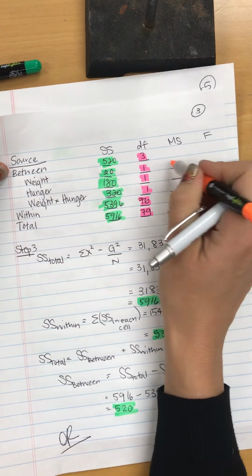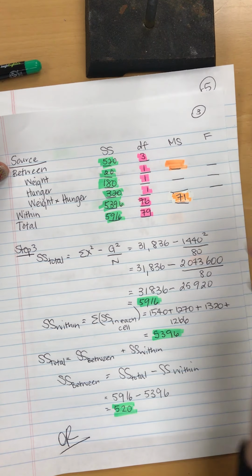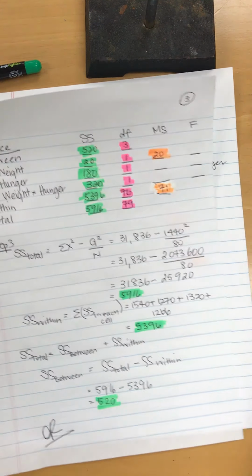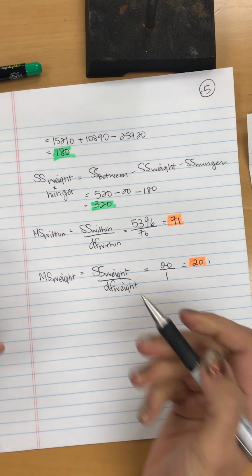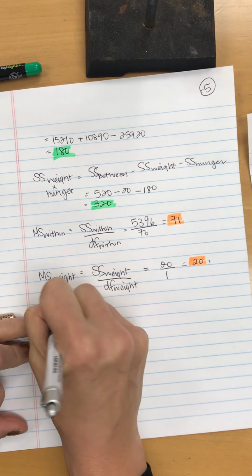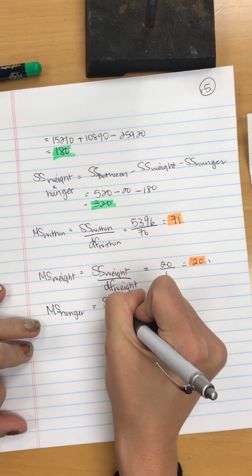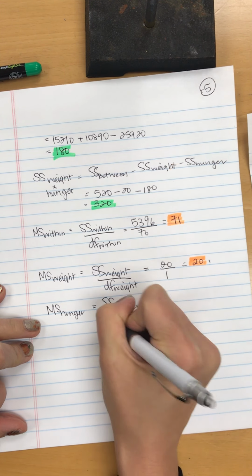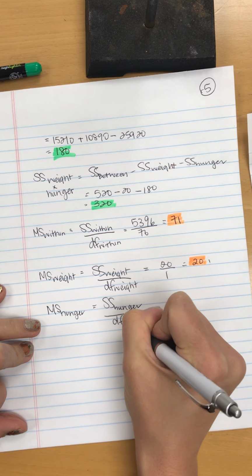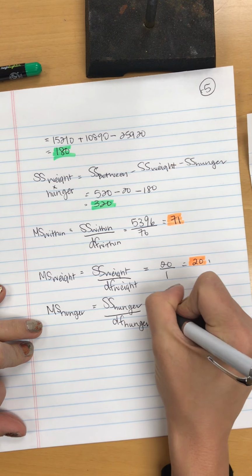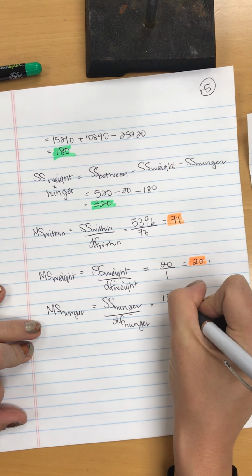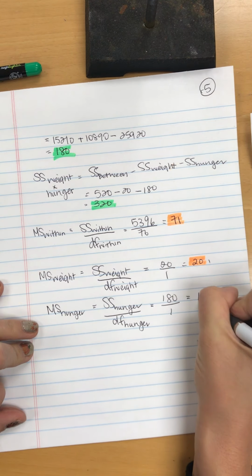So that's here. The mean square hunger equals the sum of squares hunger divided by the degrees of freedom hunger, which is 180 divided by 1, which equals 180.